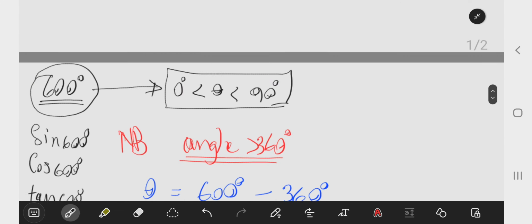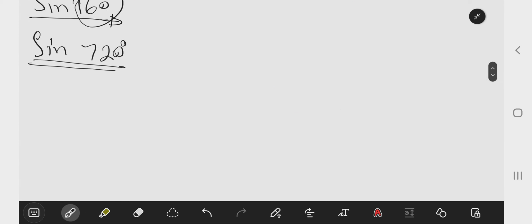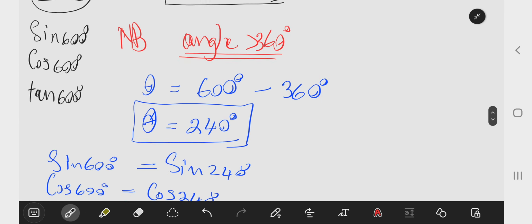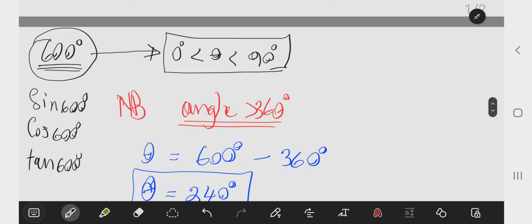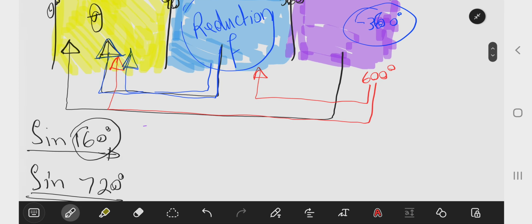After identifying your angle, if your angle is greater than 360, what we concluded is that you just subtract 360 in order to reduce that angle. But then what if your angle is between 90 and 360? For example, the example that we're doing now, we are reducing this angle, which is 600, right? And we can see that 600 is greater than 360. So you just subtract 360.